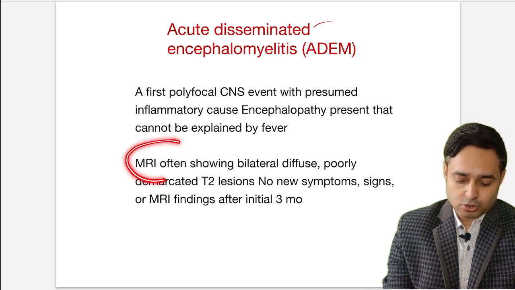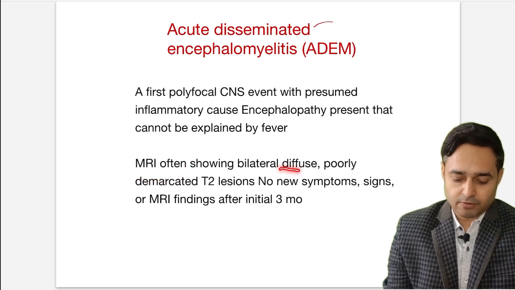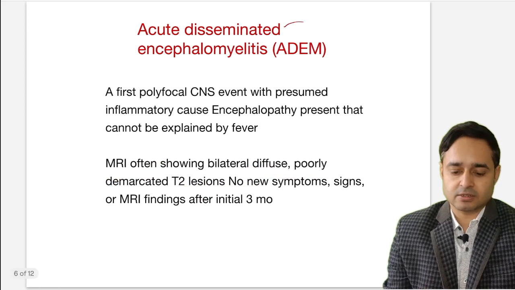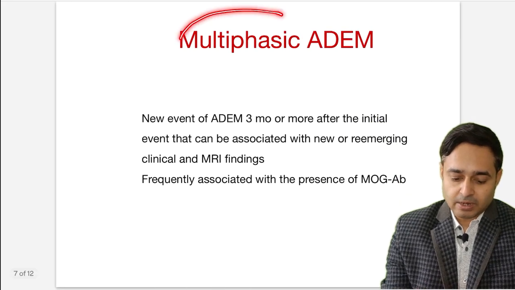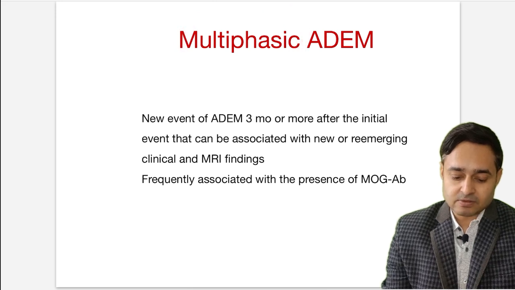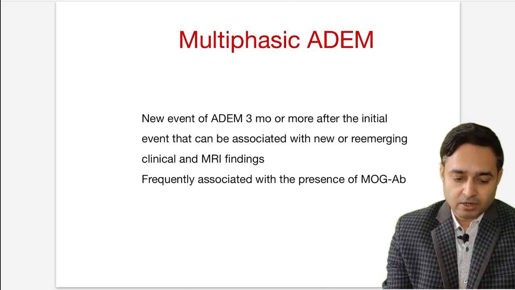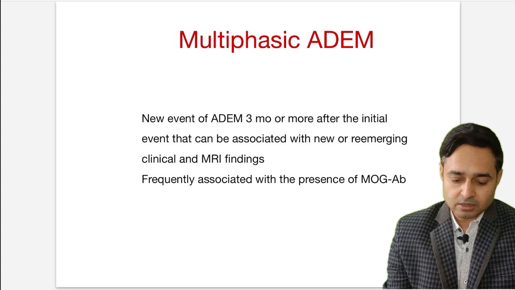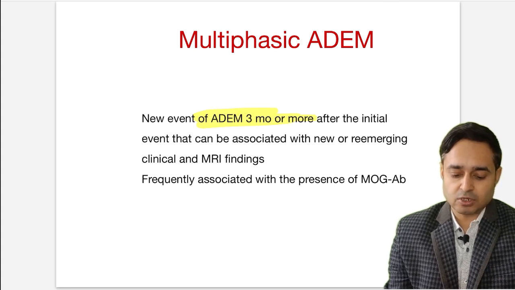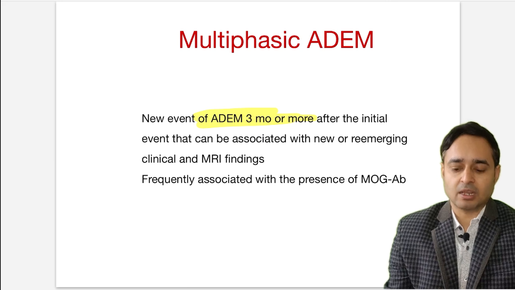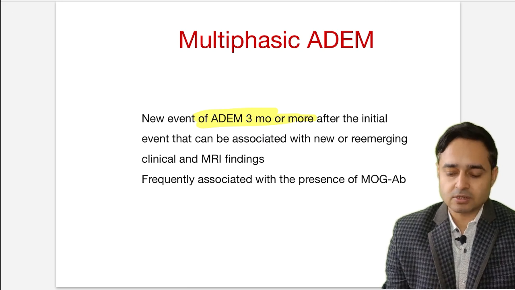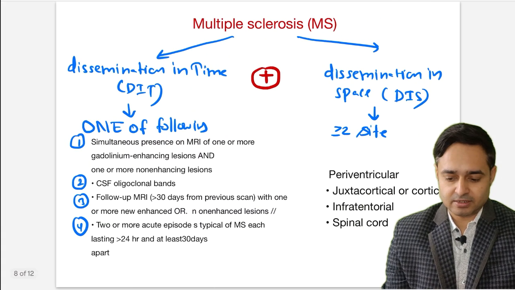MRI shows diffuse, poorly demarcated T2 lesions. What is multiphasic ADEM? This is very important. A new event of ADEM 3 months or more after the initial event, which can be associated with new or re-emerging clinical findings. So the 3 month cutoff is very important.